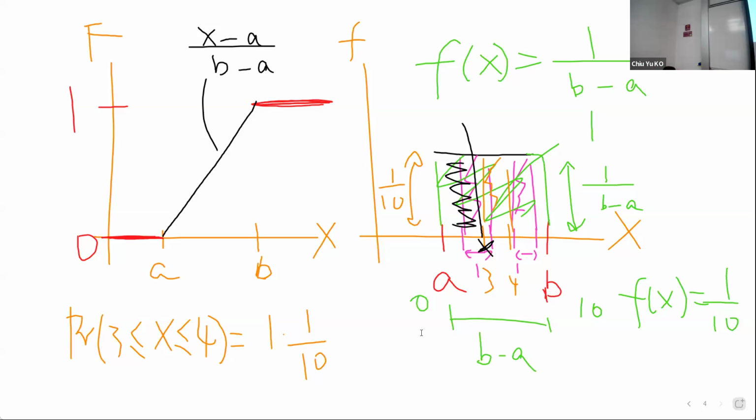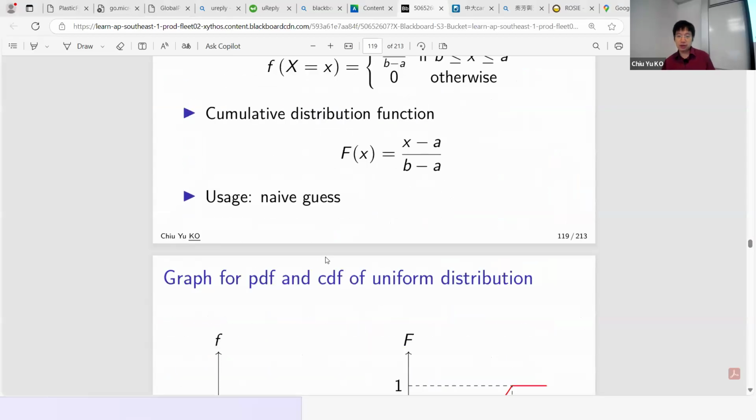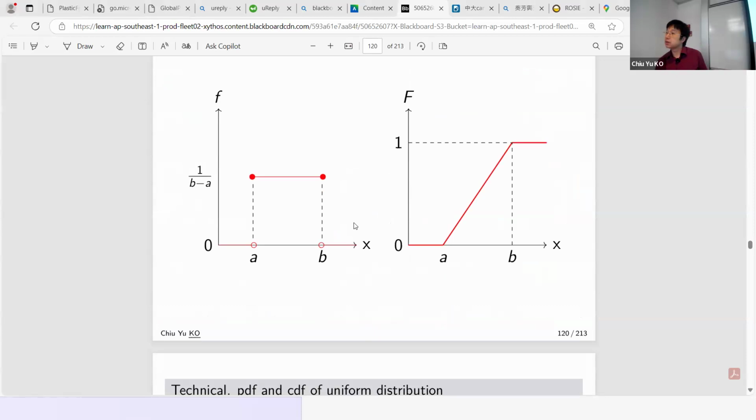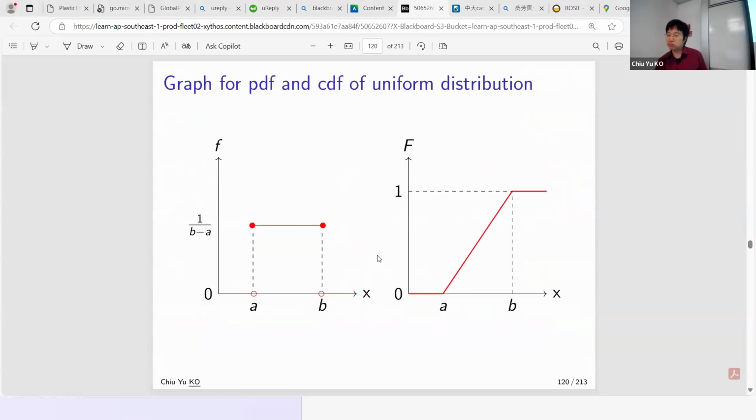You don't have to know how you derive the small f or the big F. If you care why integration, I think it's more clear, and the slope is constant, so that's why it's linear. But anyway, this is the graph I have.